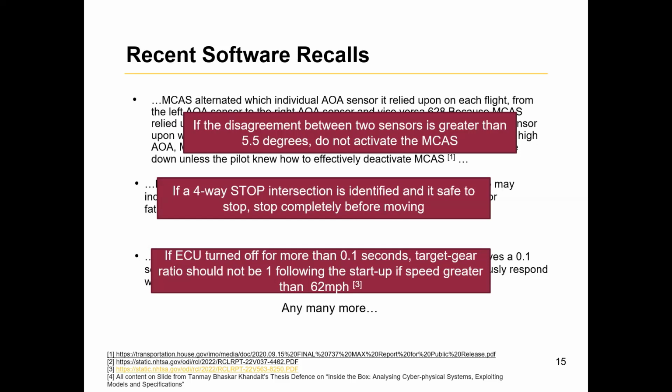Now the MCAS uses both sensors, and if the difference between those two sensors is greater than 5.5 degrees, it does not activate, so control is not taken away from the pilots. These were the conditions put on for the various different examples.